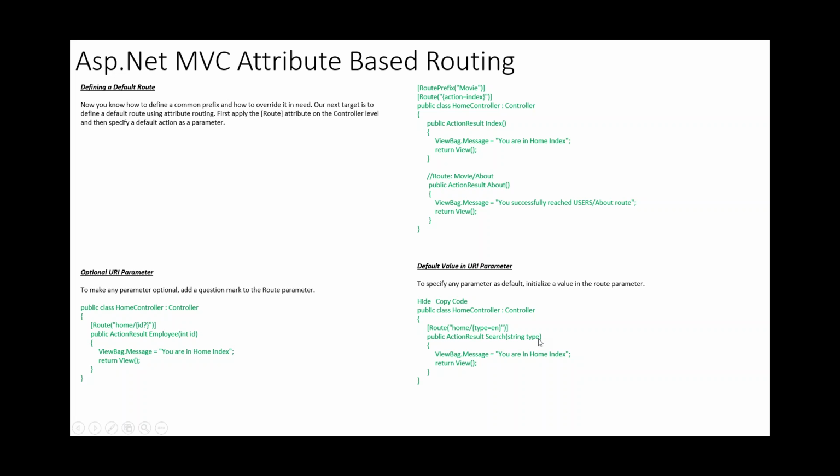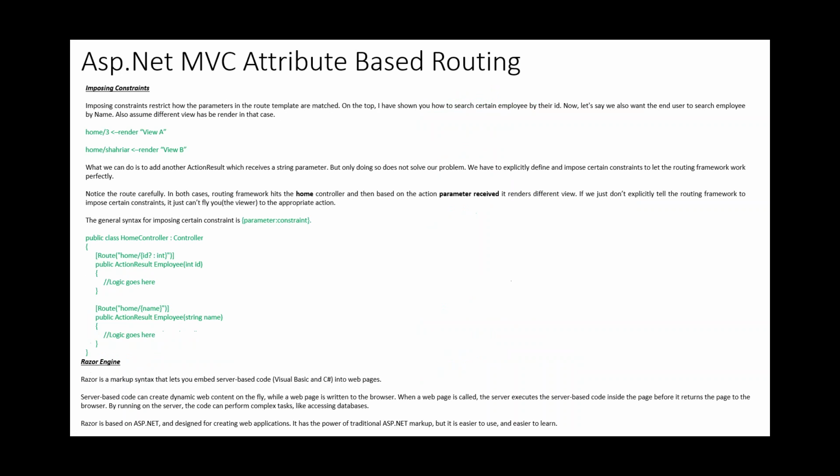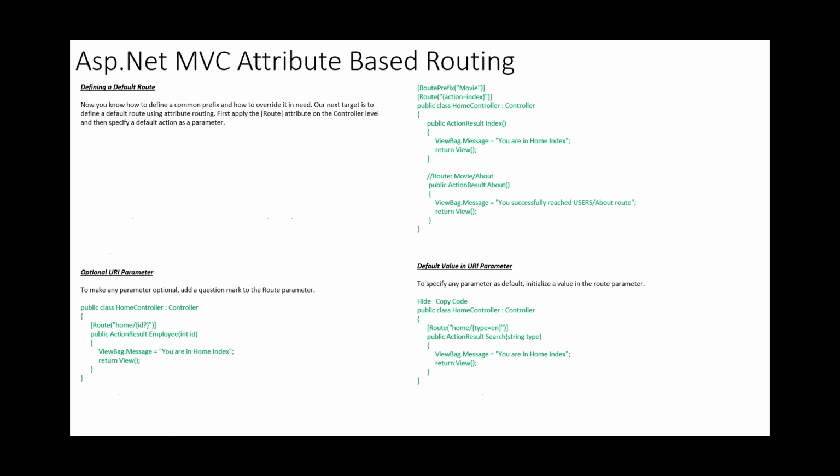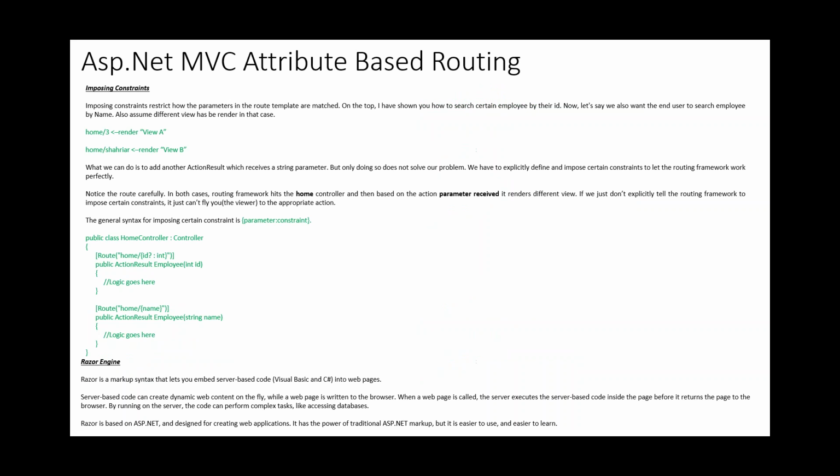This is how you can define default values and other parameters. Optional parameters mean you can pass the value or not. With a default value, whatever value you have given will be assigned, otherwise the default value will be taken.